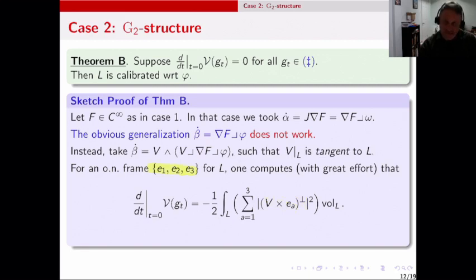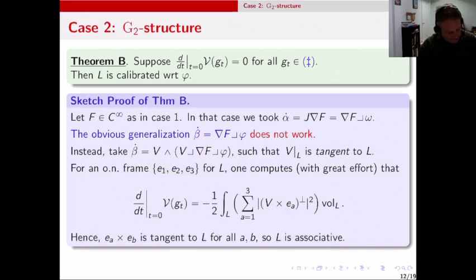So this is a tangent frame for L. So therefore these have to all be 0, and that means that V cross E_A is tangent to L for all V that's tangent to L.